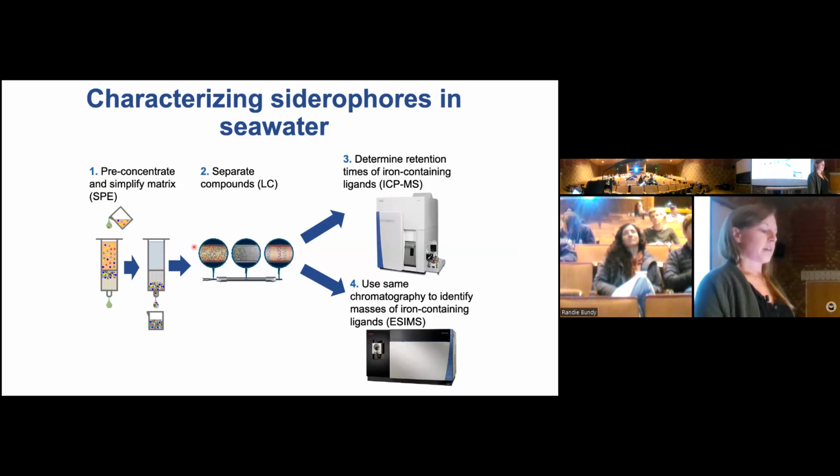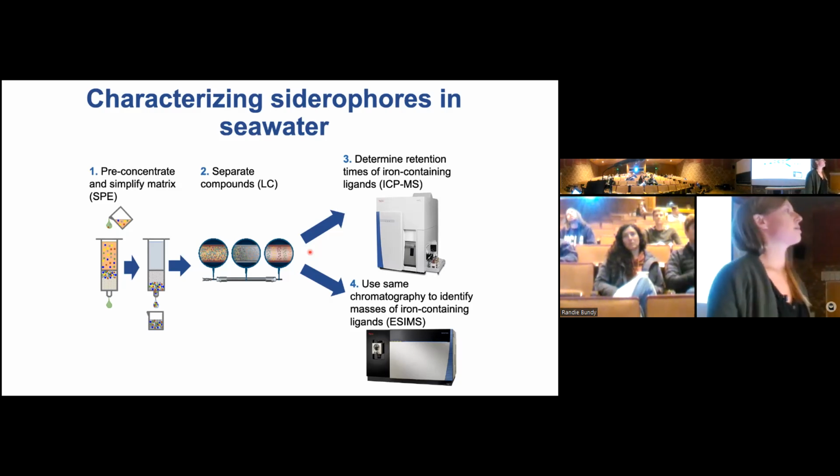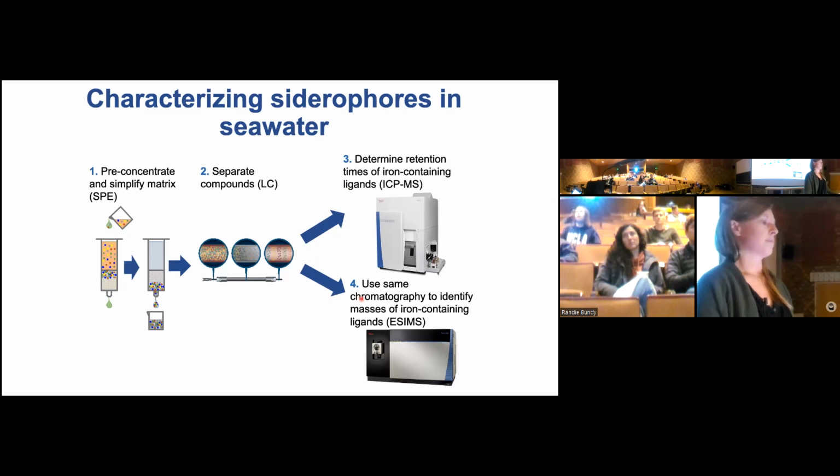And then we inject our sample onto a column using a liquid chromatography system, and we separate out those compounds based on polarity so that we can introduce them into our mass spec at different times. So we don't overwhelm the instrument with all these different compounds. And then we do two different mass spectrometry steps. The first is an ICP-MS step.